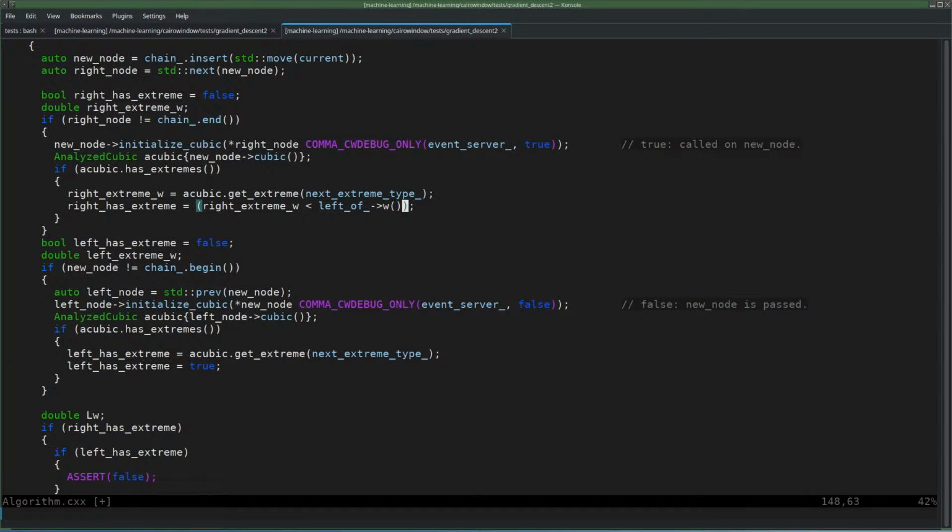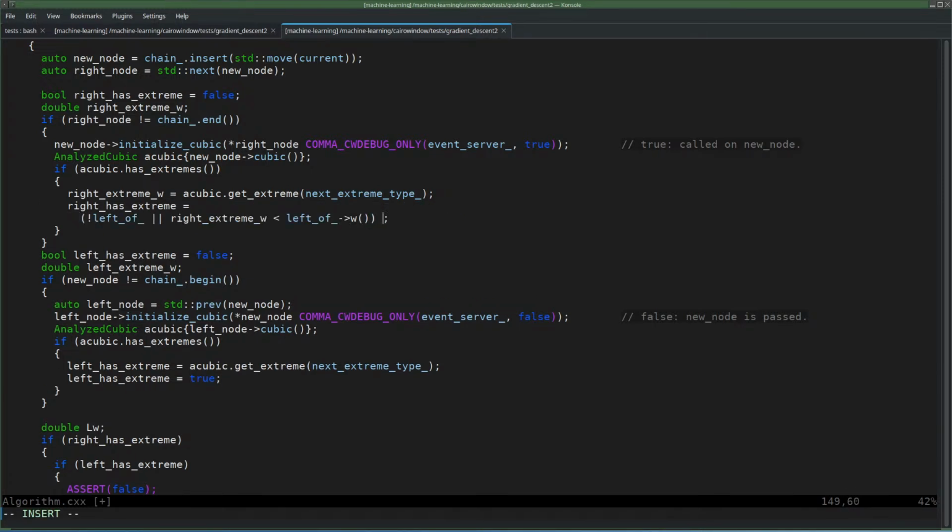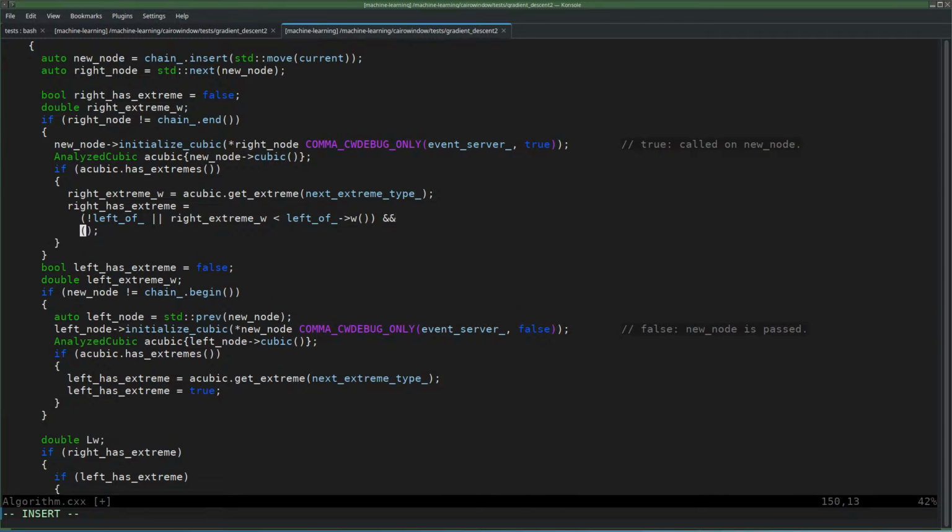If there is no left off, then anything goes. So it is kind of not left off, or the value is left of left off. And then the same thing for the right side.